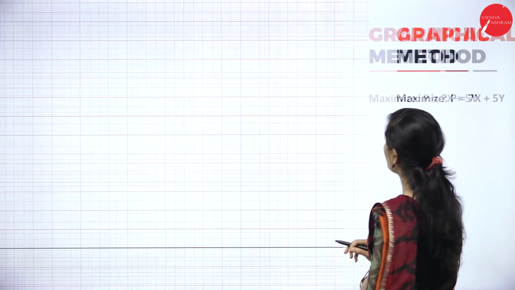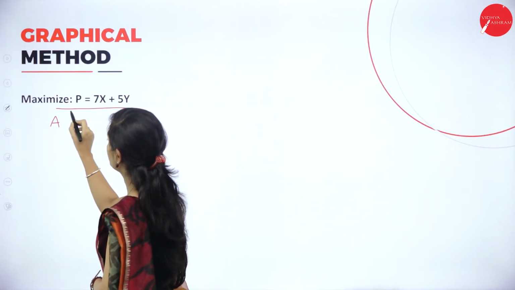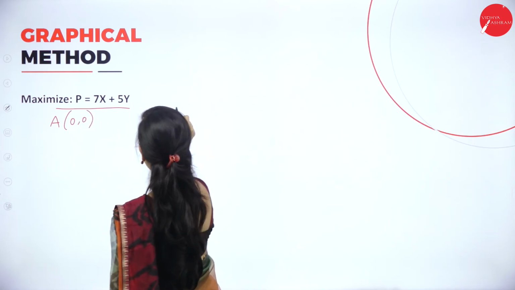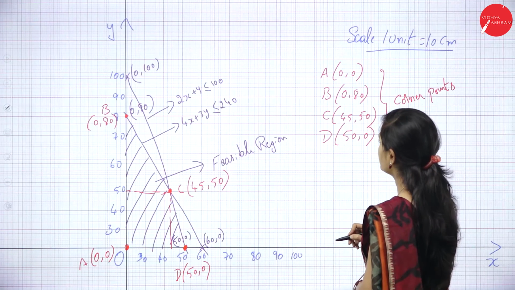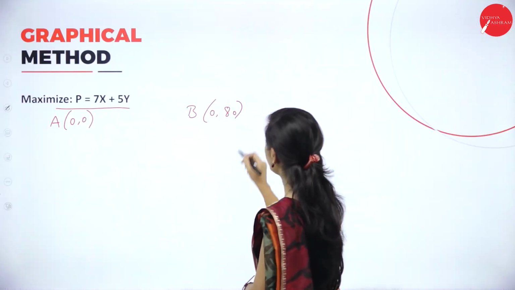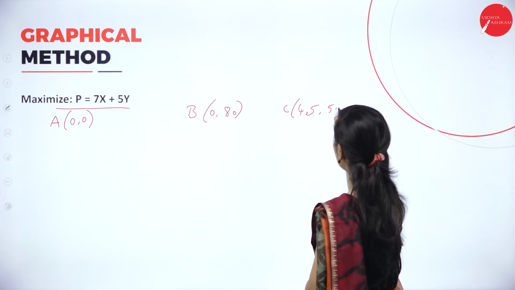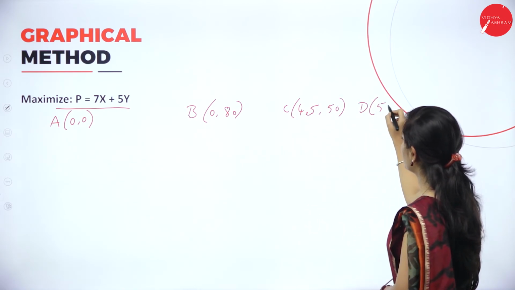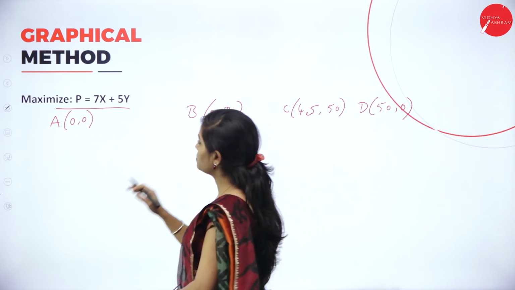The first corner point is A of (0, 0), the second corner point is (0, 80), the third one is (45, 50), and the last one is (50, 0).